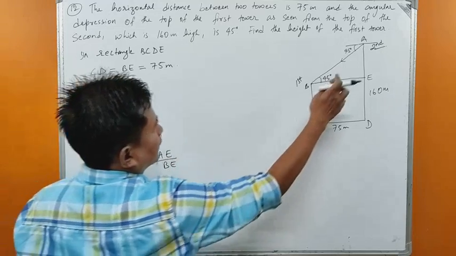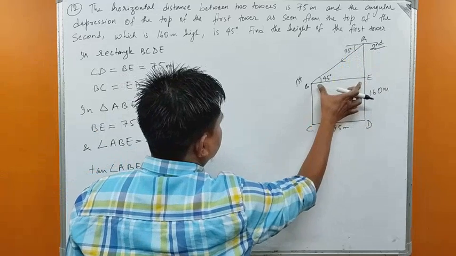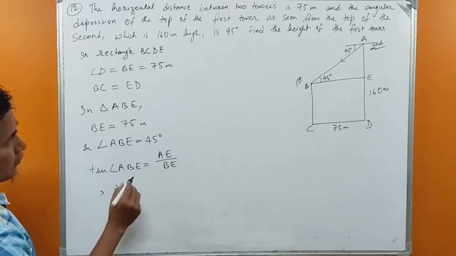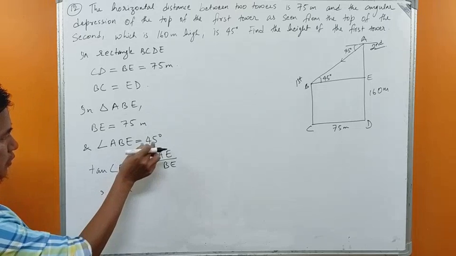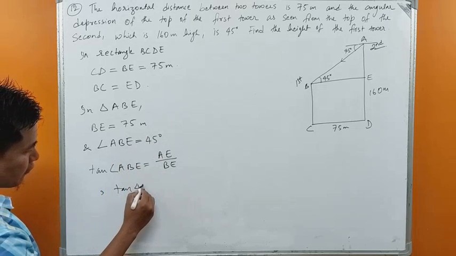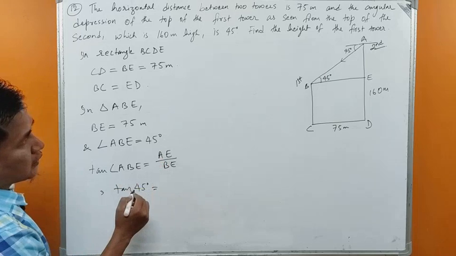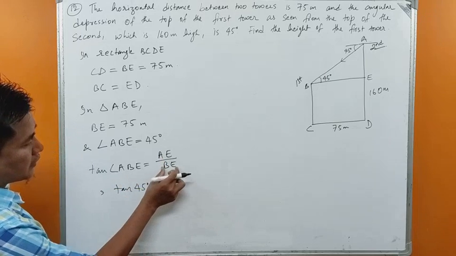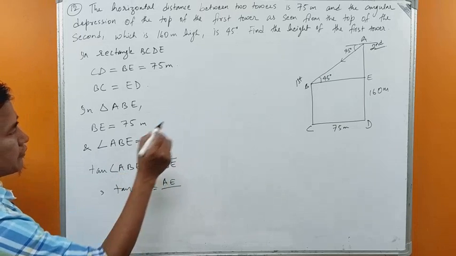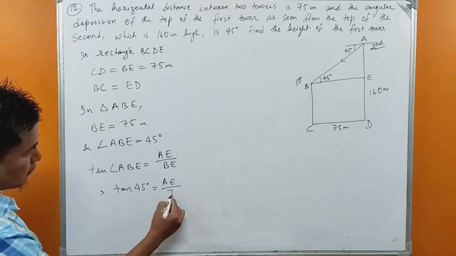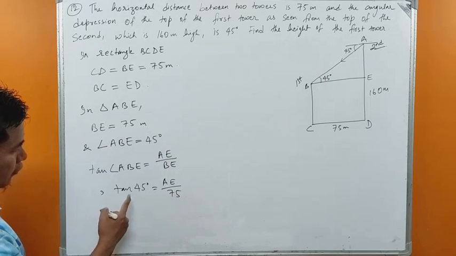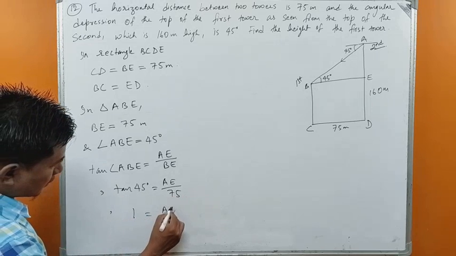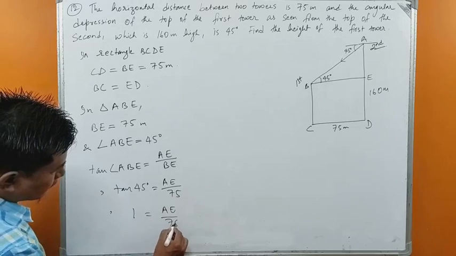AE is unknown to us, and BE is 75. Tan 45 means 1 equals AE by 75.